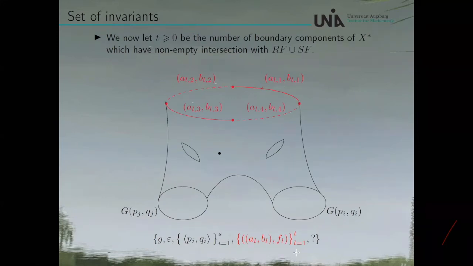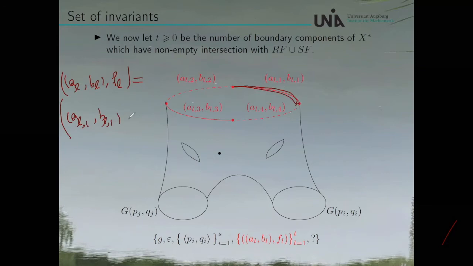Let me explain this notation a little bit. So this is the Lth boundary component, and AL, BL, FL is AL1, BL1, this one. And then I have FL1 and AL2, BL2.